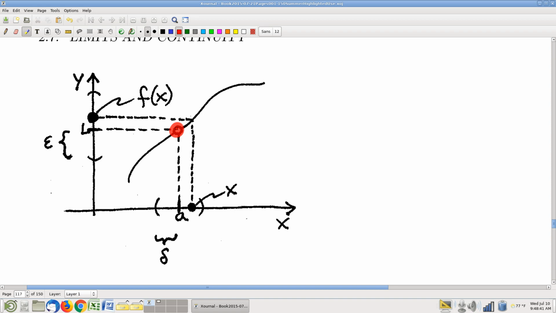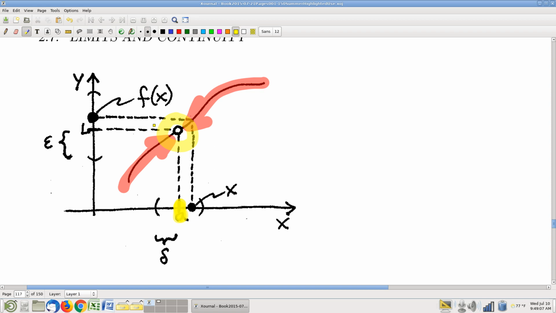The reason we're interested in the value of that limit is because we know, and we've seen this happen before, that sometimes we're interested in this function and it's all perfectly well defined and everything's fine and dandy right up until you get to that point A, and at that point A, the function's just not defined. This is what motivated our desire to define limits in the first place.